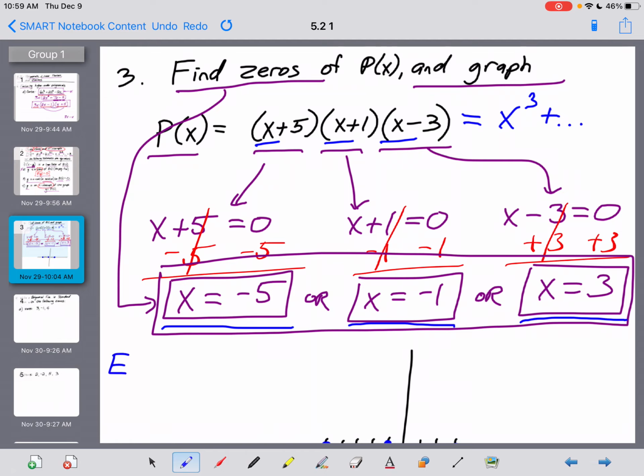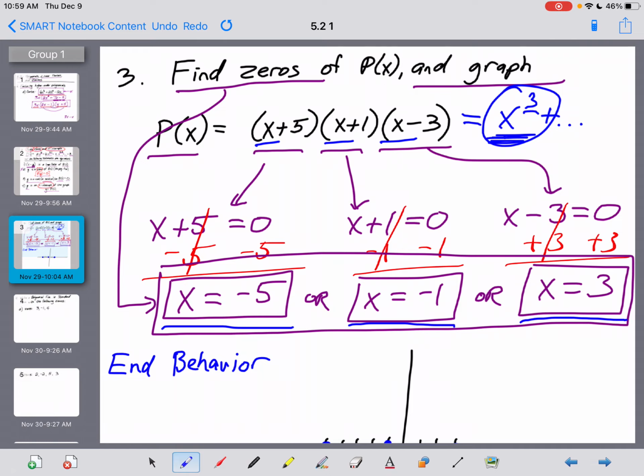So if we were to think about end behavior the way we were doing back in section 5.1, what we have to do is think about what happens as this term right here, guys, the x cubed, gets replaced with a big negative number, and then what happens when it gets replaced with a positive number. Let's do the left end behavior first. You're going to be putting a negative value in for this x and cubing it.